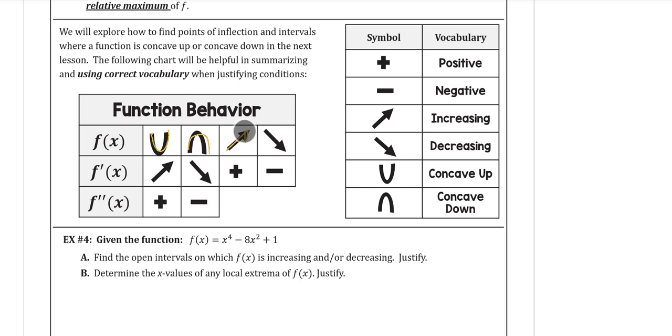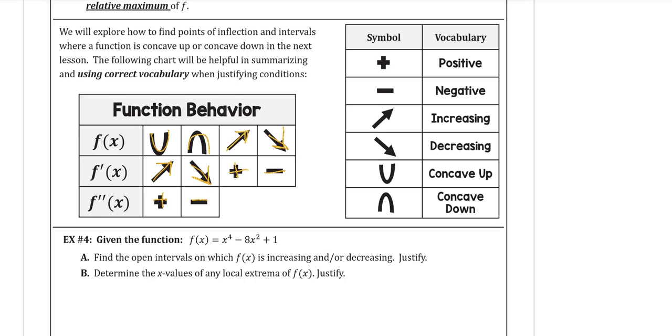We can show it's increasing. We can show it is decreasing. And we can do the same thing for f prime. We can show it's increasing, decreasing, positive or negative. And then the next section is on the second derivative test, and that's how we find our concavity. We can talk about whether the second derivative is positive or negative.